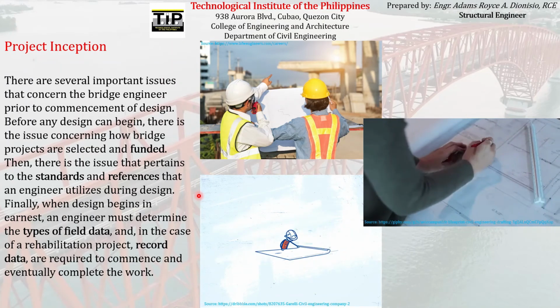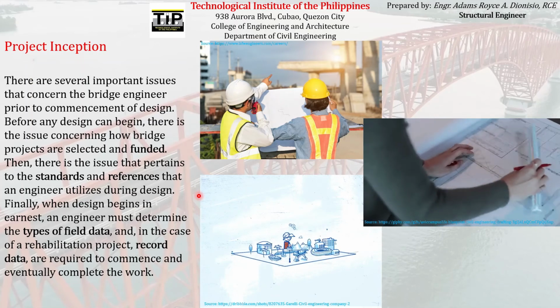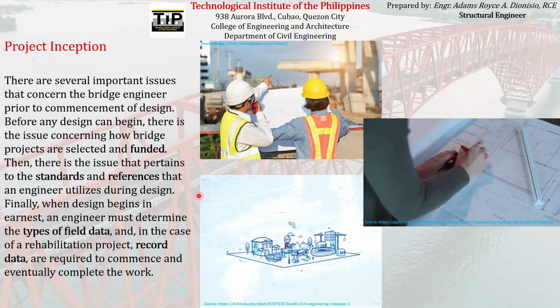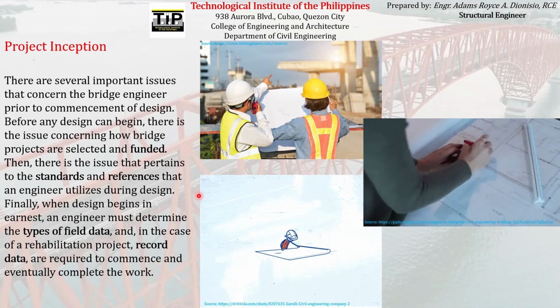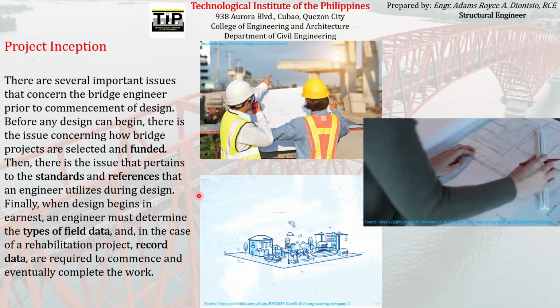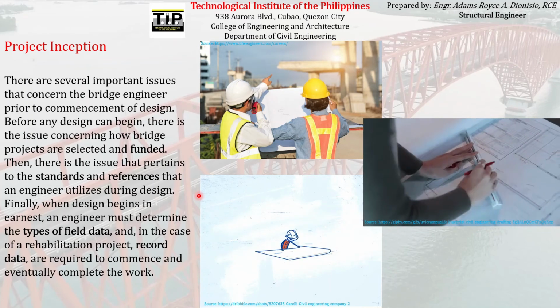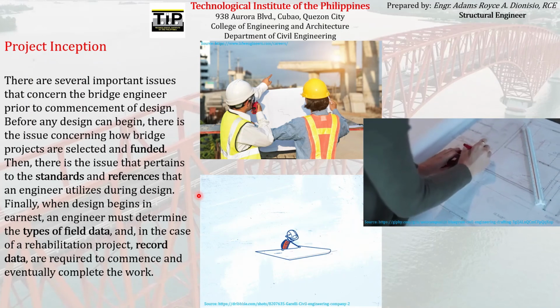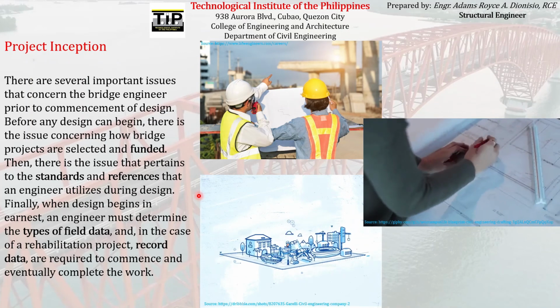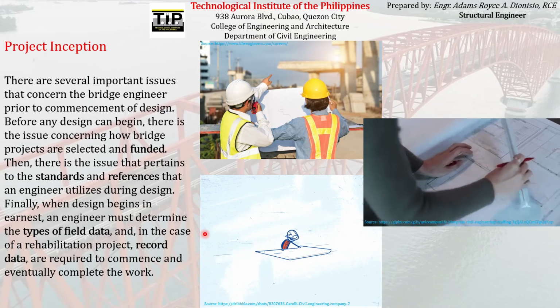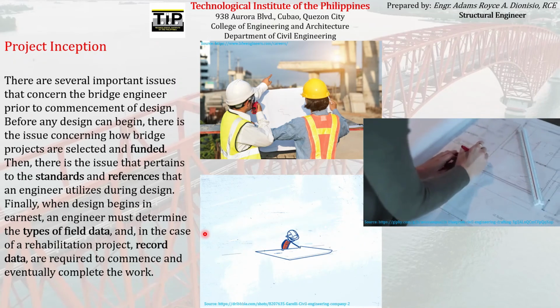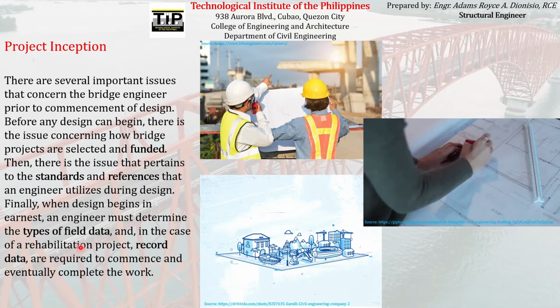And this field data, from the term itself, is usually collected from the highway bridge site itself. So that issue must be addressed first before the whole design phase can start. As well as, for the case of a rehabilitation project, there must be record data gathered first to aid the rehabilitation design of the project.